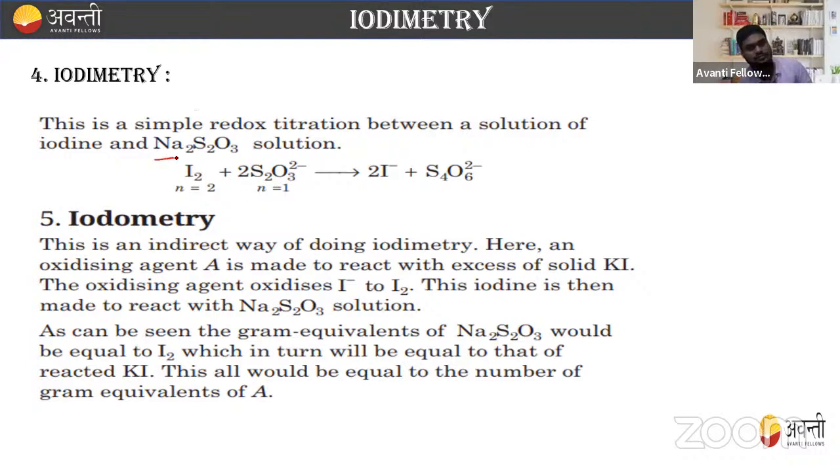In this, I2 reacts with 2S2O3 2- to give 2I- plus S4O6 2-, right? So always remember, whenever someone asks what is iodimetry: this is a simple redox titration between a solution of iodine and sodium hypo solution, that is Na2S2O3. Okay, so this is very clear to you.